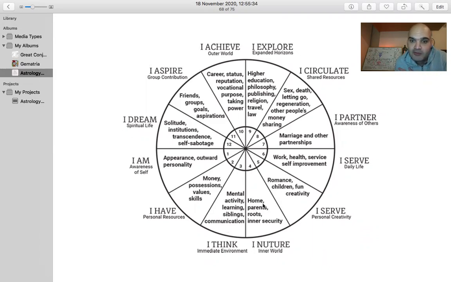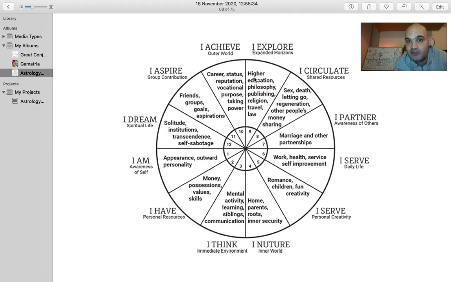So the fourth house is about your home and your parents and your roots and inner security. The fifth house is about romance, children, fun, creativity. The sixth house is about work, health, service, self-improvement. The seventh house is about marriage and partnerships. The eighth house is about sex, letting go, regeneration, other people's money, sharing.